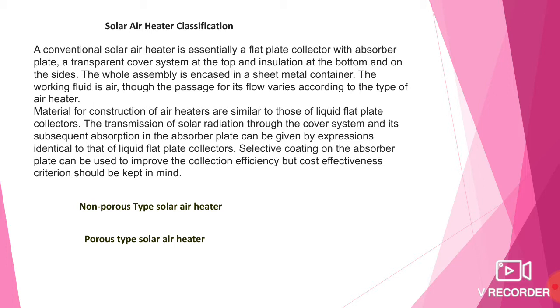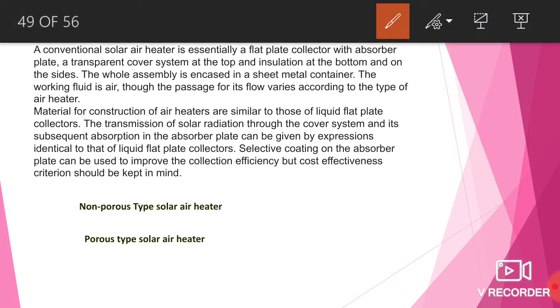So, the transmission of the solar radiation in case of non porous type solar heater through the transparent cover system and its absorption is identical to that of a liquid type flat plate collector. So, we can see this particular figure, that is the non porous type air heater. Here you can see the particular diagram.